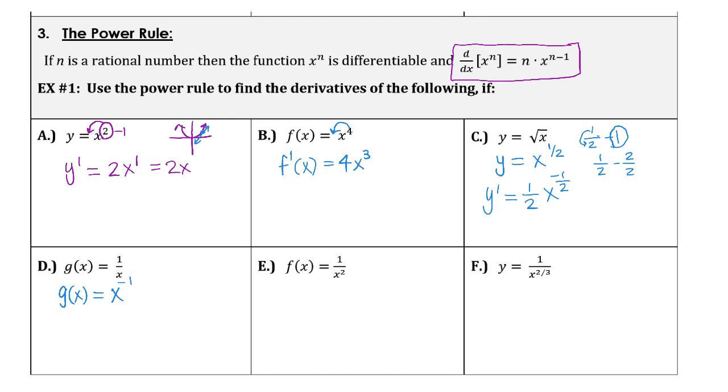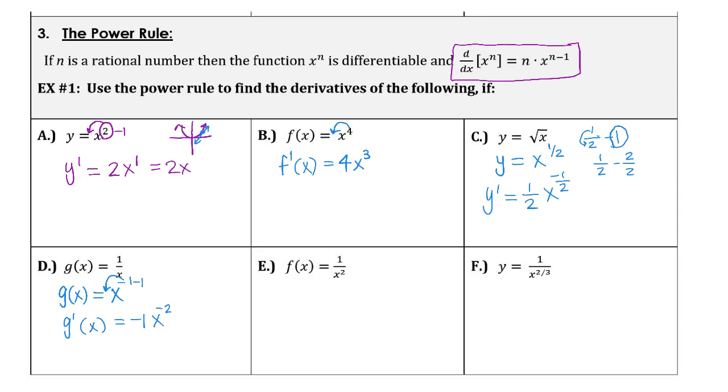And I need the reciprocal of that x. Okay, now let's do our derivative. So g prime is going to be equal to, again, multiply that negative 1 down front, times x to the, well, what would negative 1 minus 1 be? Negative 2. And again, you're welcome to leave that.